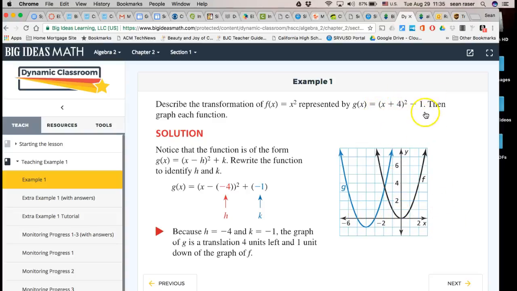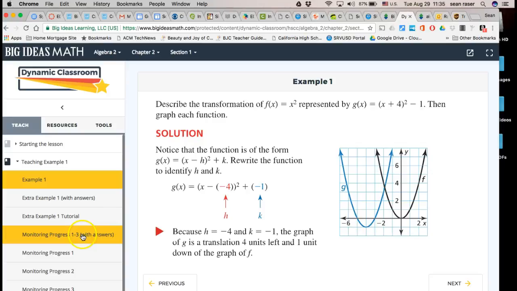If you're adding or subtracting to the entire function, it's a vertical translation. And with horizontal translations, you have to look at this sign right here and take the opposite of it to see which way you're moving. Again, if it's x plus a number, that means you're moving to the left in the negative direction.